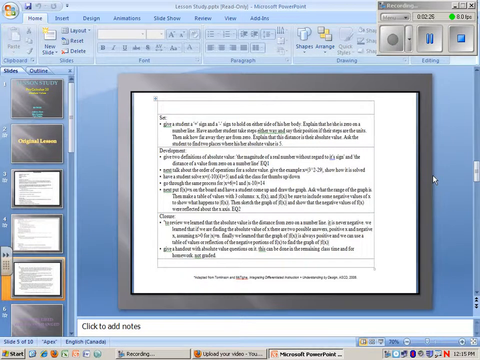A way I thought to assess the students during the lesson was to have students come up to the board and answer a question that I had posed, and then have other students give a thumbs up or thumbs down if they understand or not. And then for closure, I just did a quick review of the concepts. And then I was going to have a handout. I didn't actually type one up, but a handout that would be done to check for understanding. So yeah.